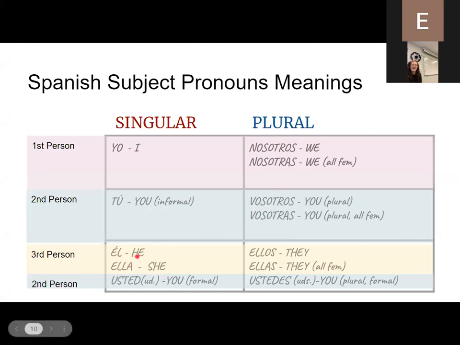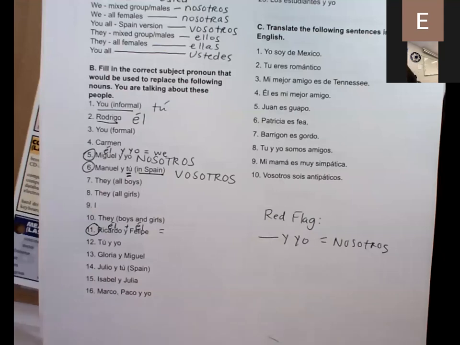He and he are both third person singular. So we're just going to scooch over on our chart to get to the third person plural option, which is ellos. So that would be our correct answer for number 11.